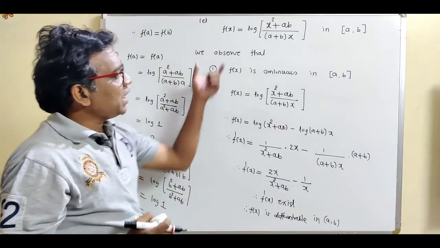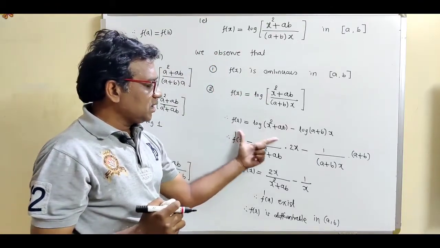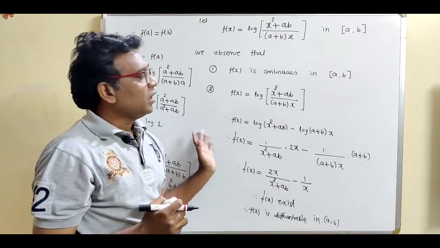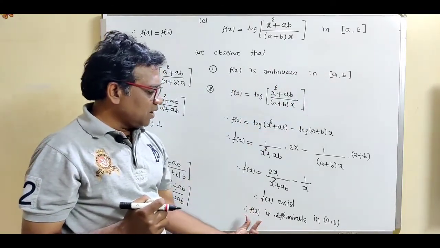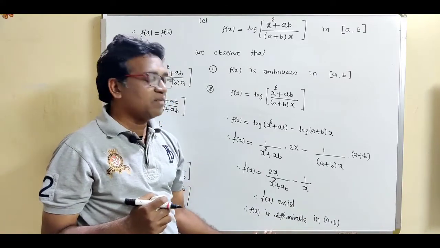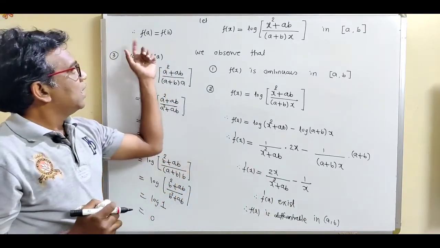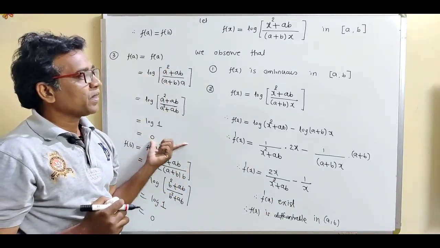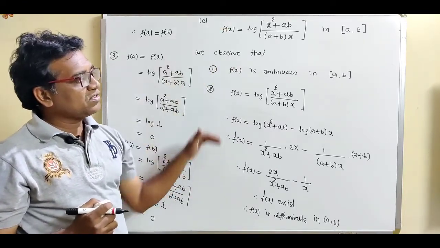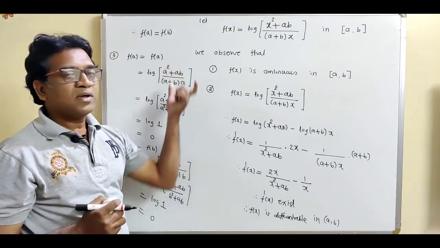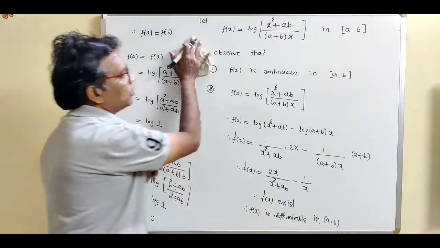So this function f(x) satisfies all three conditions of Rolle's theorem. It is continuous in the closed interval. What is the second condition? It is differentiable in the open interval. And what is the third condition? f(a) equals f(b). So obviously we can apply the statement of Rolle's theorem.